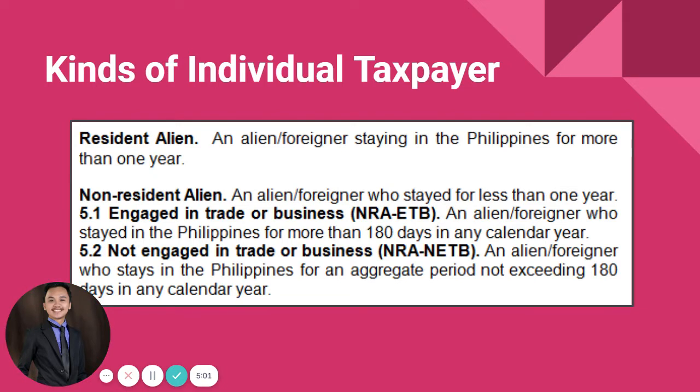As long as the cumulative number of days is 180, then that will be considered as engaged in trade or business. The other one is not engaged in trade or business, or an alien or foreigner who stays in the Philippines for an aggregate period not exceeding 180 days in any calendar period.